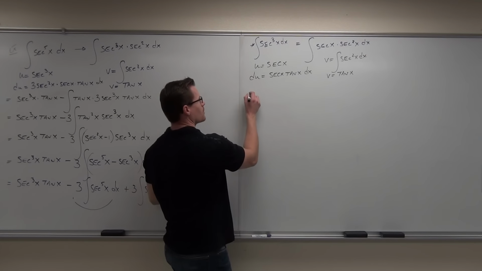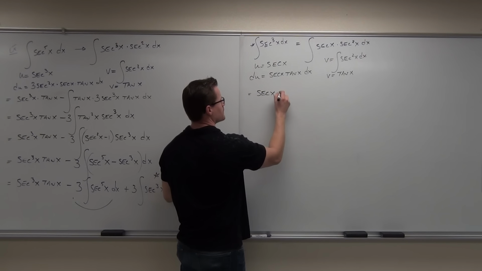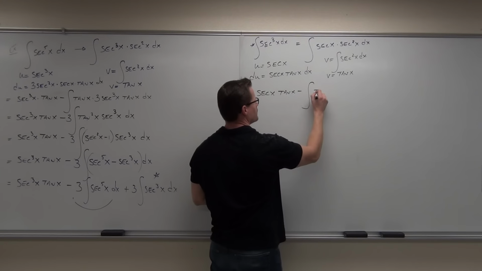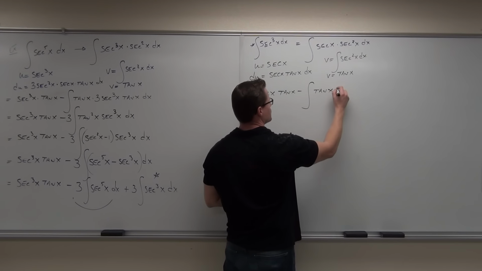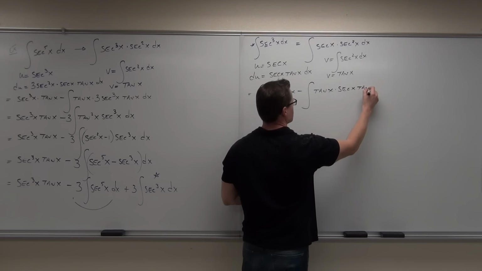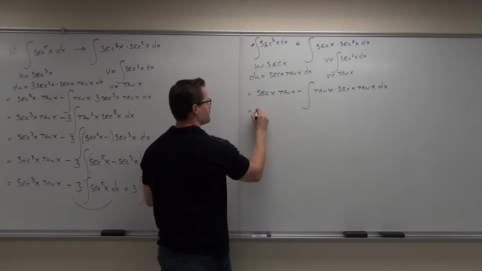Now, if we do our integral, that's going to be u times v minus the integral of v du. We'll clean it up a little bit.